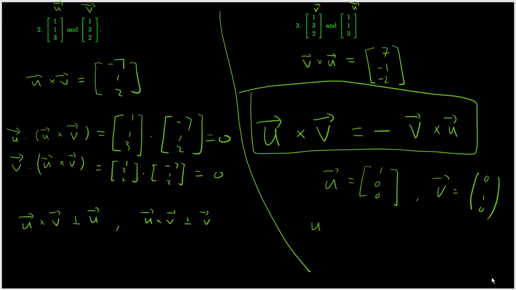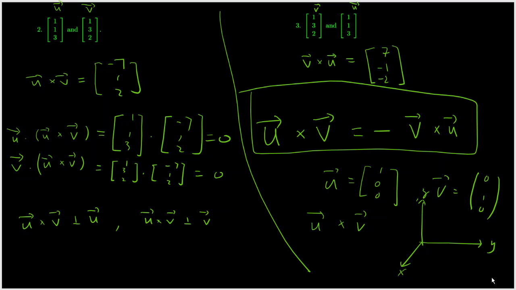Now I'm trying to determine the direction of u cross v. In R3, that's the x-axis, that's the y-axis, and that's the z-axis, right?